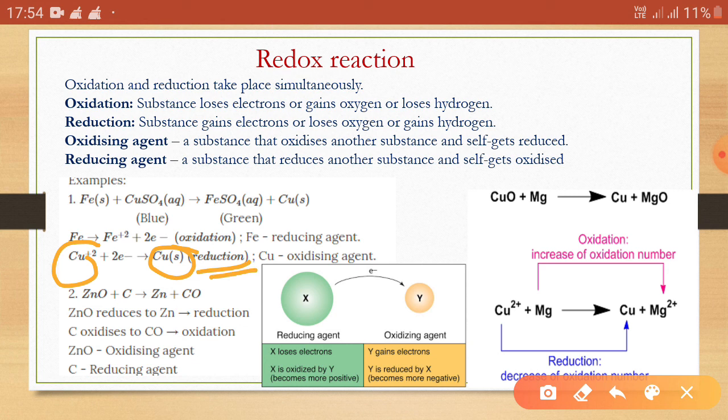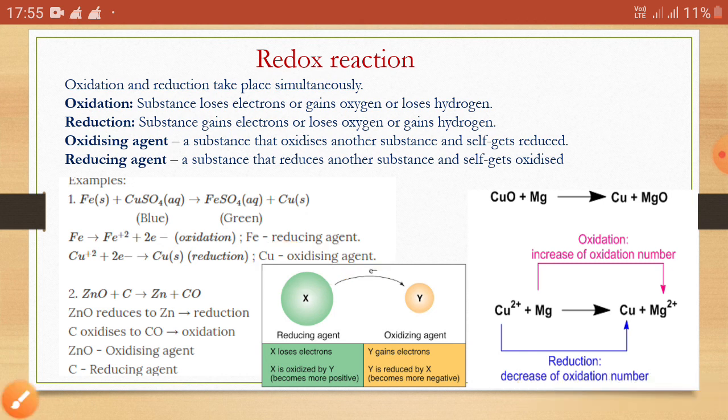Got it? As Fe is a substance that reduces another substance and itself gets oxidized, it is known as the reducing agent. And copper is the substance that oxidizes another substance and itself gets reduced, so it is known as the oxidizing agent.